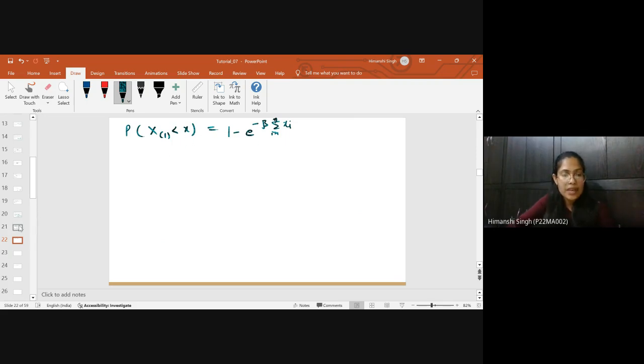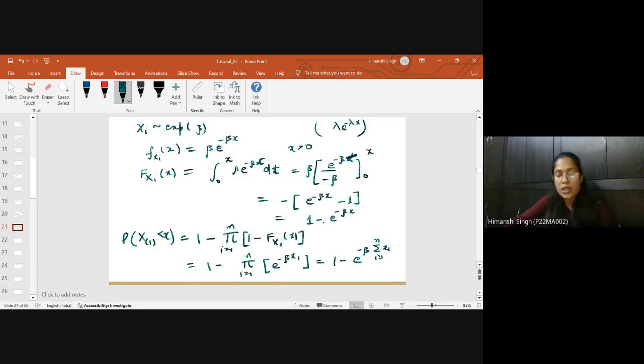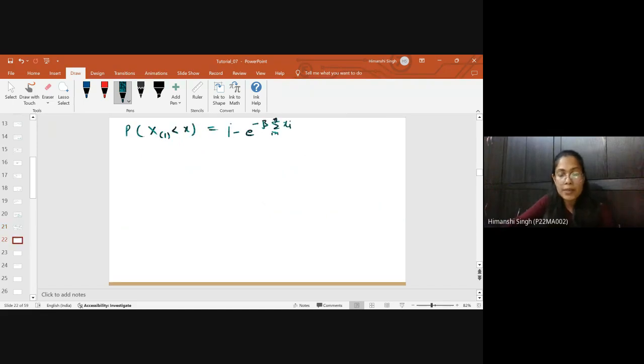Okay, now if you see here, this was a distribution of exponential with parameter beta. Now here again this follows an exponential distribution with parameter beta.